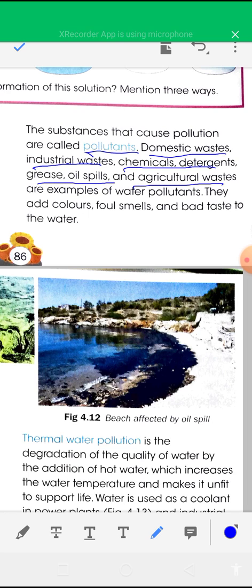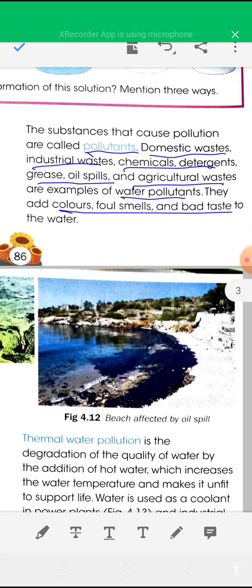All these are examples of water pollutants, and these water pollutants add color, foul smell, and bad taste to water.